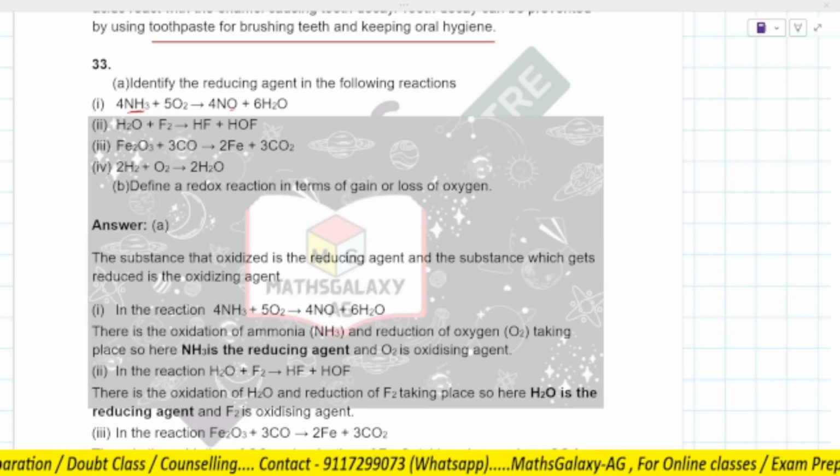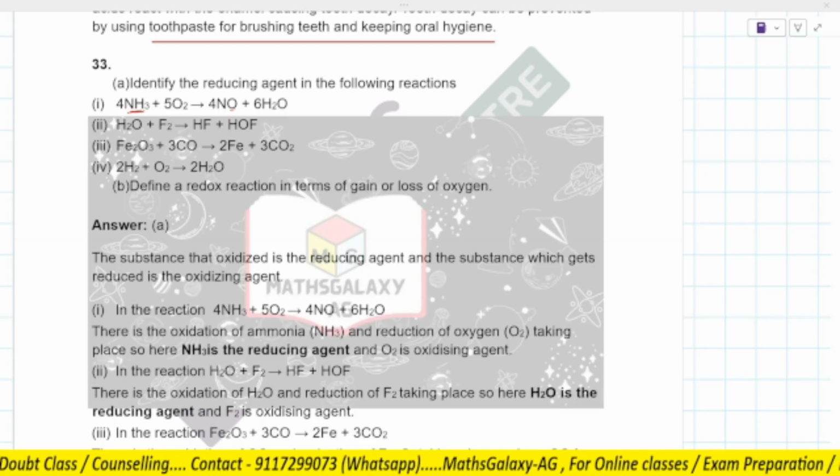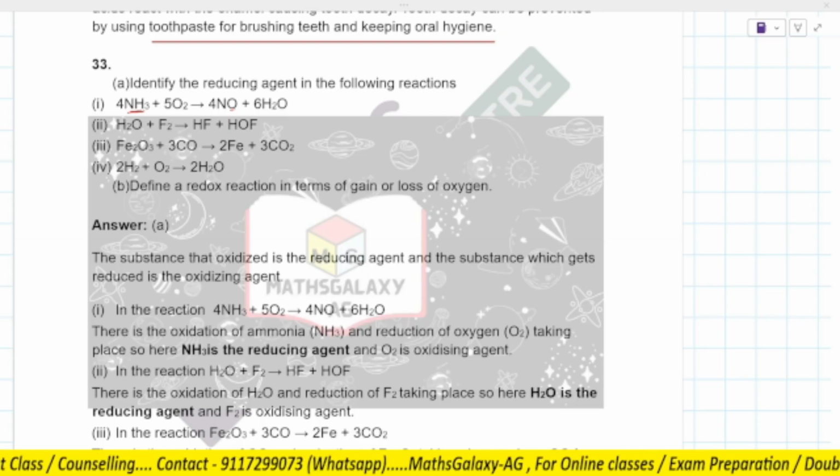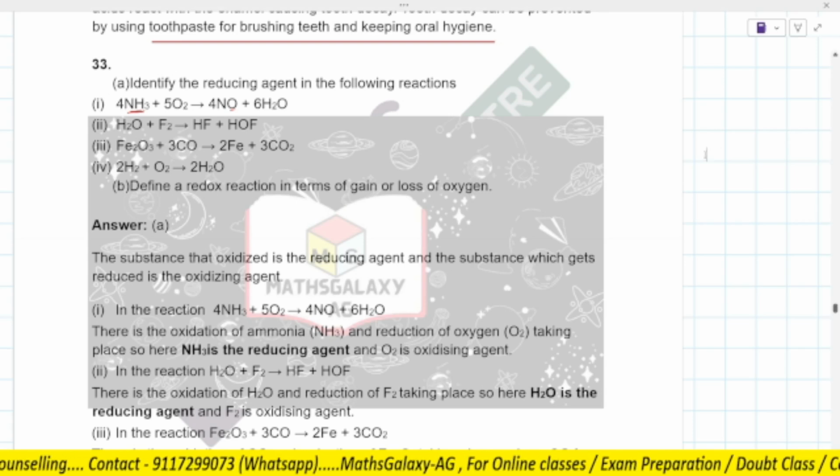So here NH3 is the reducing agent and O2 is the oxidizing agent. Is it clear? Or any doubt? No doubt.